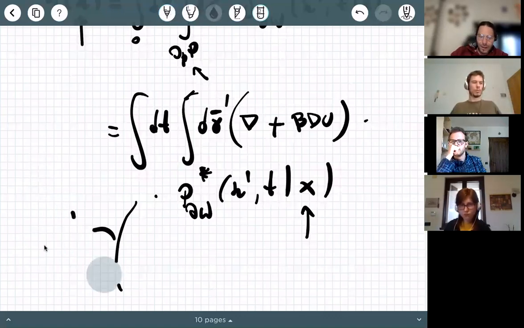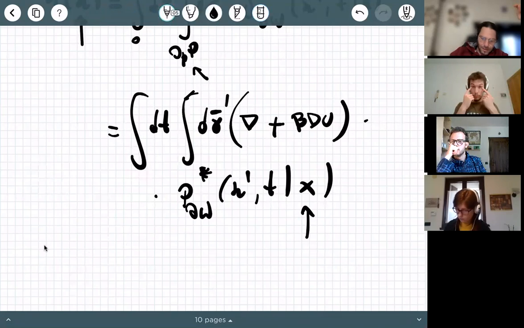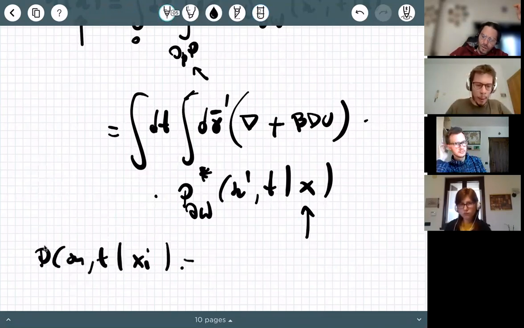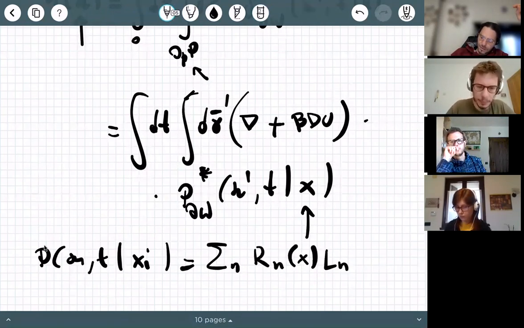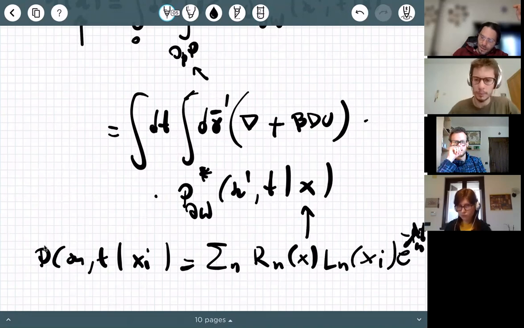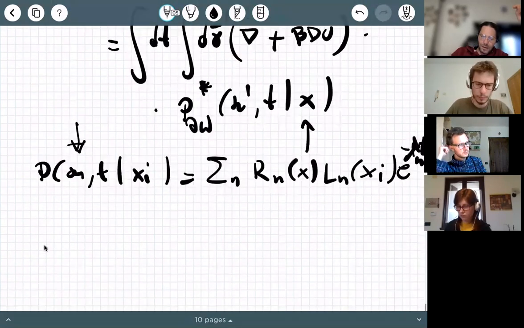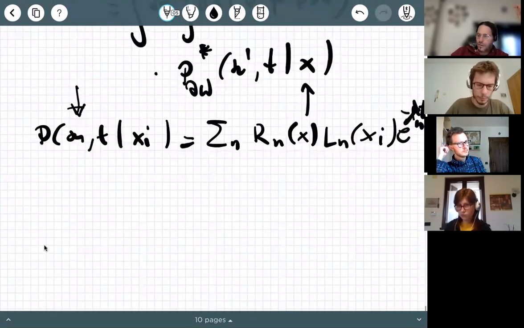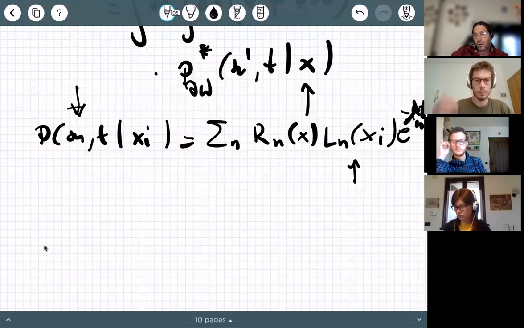Now, if you remember the spectral decomposition, you will remember from the spectral decompositions that the propagator that obeys a forward equation, remembering that this guy obeys a backward Kolmogorov equation, is an eigenstate of the backward Kolmogorov operator, right?